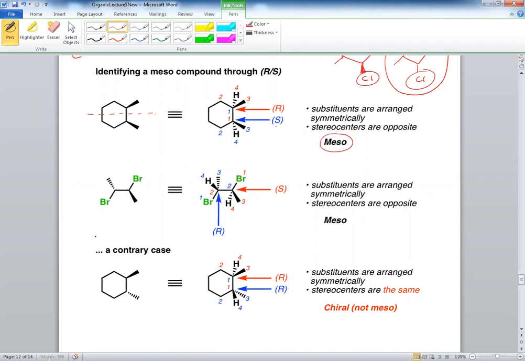Right here, the plane of symmetry would apply by, again, doing a rotation. If you rotate this, that methyl is going to come out. So they may not have shown it here, but I'll show it to you.